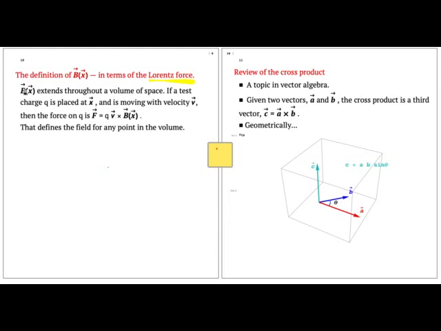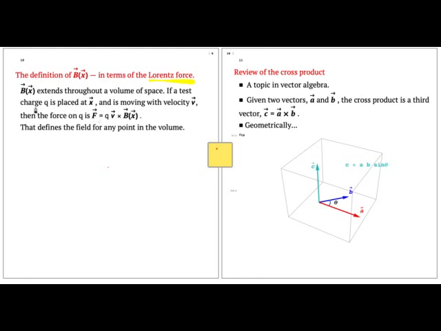A magnetic field extends throughout a volume of space. So it's a function of position. The vector x is the position of a point in space. If a test charge is placed at x and is moving with velocity v, then it'll experience a force qv cross B at the point x. We could measure that force.